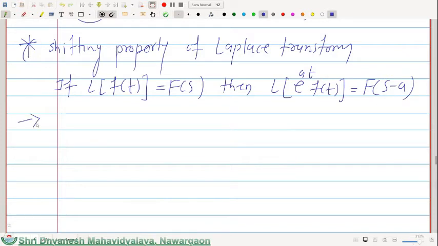So we are going to prove it now. Let the Laplace transform of f of t exist, and it is capital F of s.